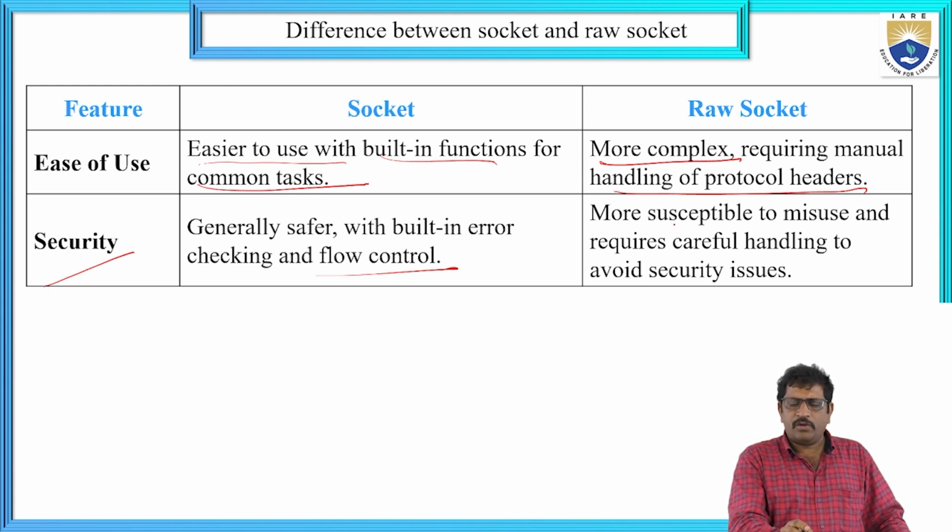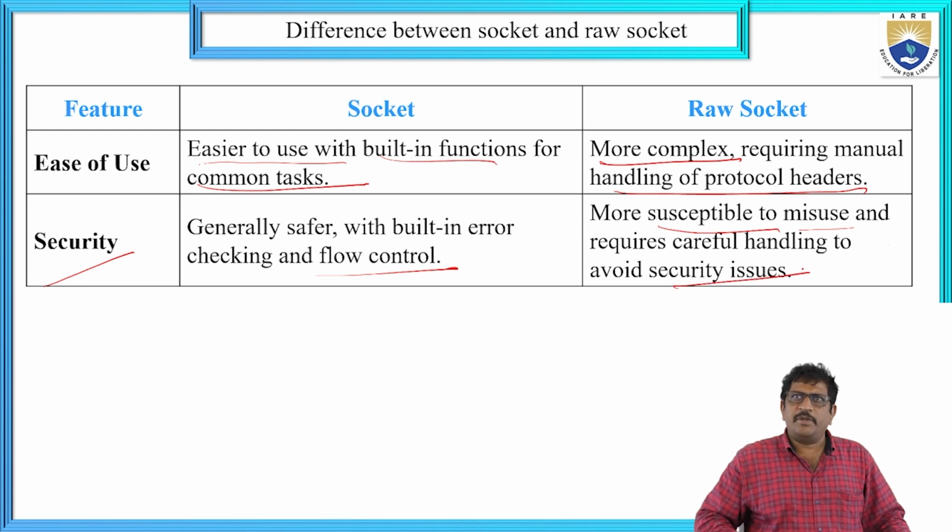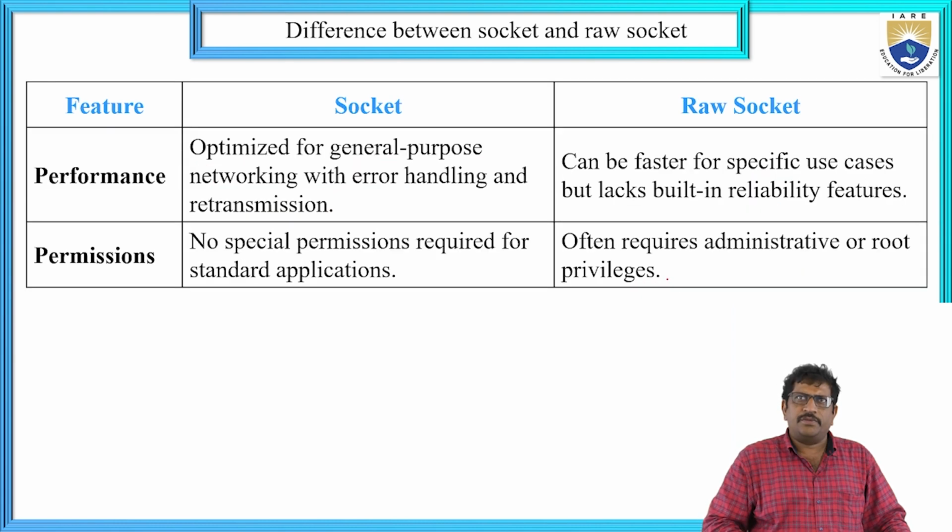Raw sockets are more susceptible to misuse and require careful handling to avoid security issues. That means socket standards are more secure than raw sockets. Why? Because with raw sockets some misuse can happen, which requires careful handling to avoid security issues.